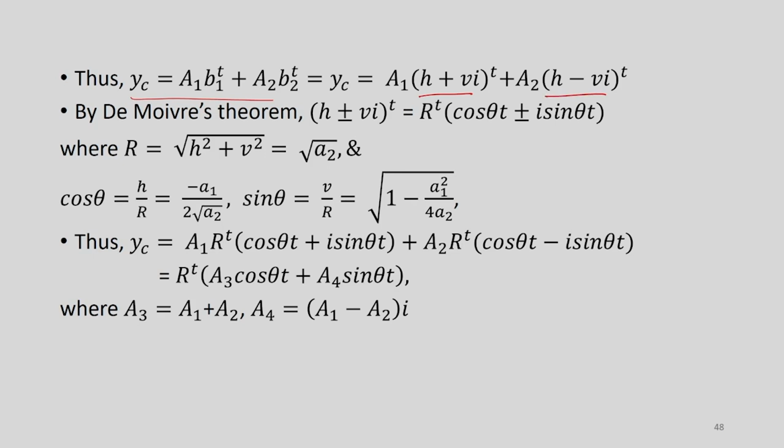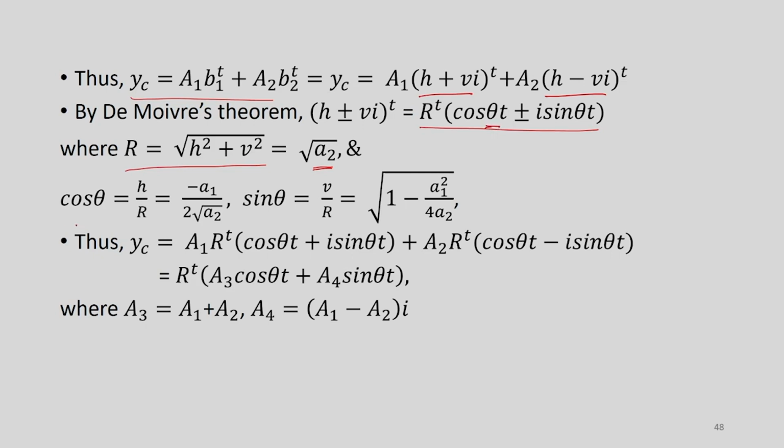Now, by De Moivre's theorem, h plus minus vi to the power t can be written as r to the power t multiplied by cos theta t plus minus i sin theta t, where r is equal to root over h square plus v square. In this case, what is h square plus v square? It is simply a2. And what about theta? We have to find out what is theta also.